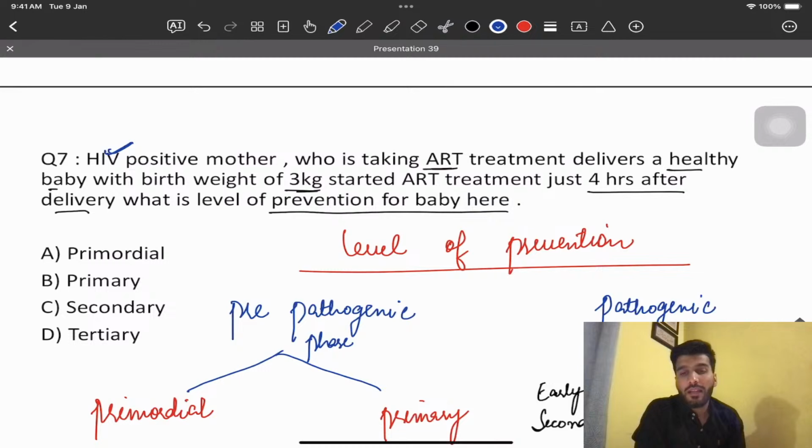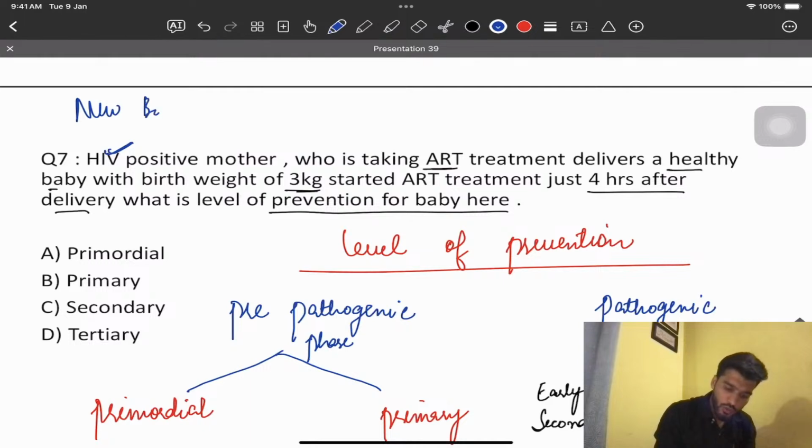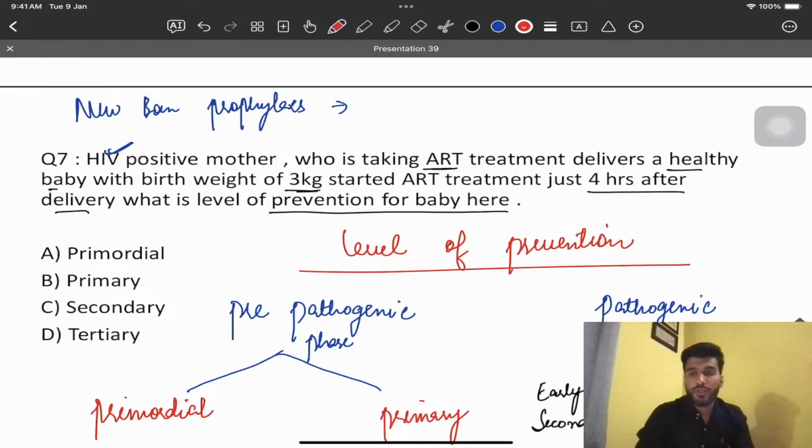Okay, now I'm starting two drugs. What are the drugs that you start as newborn prophylaxis for an HIV positive mother, guys? Remember that, newborn prophylaxis of an AIDS positive mother.